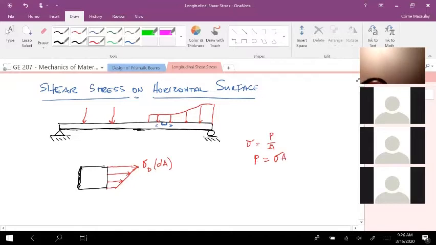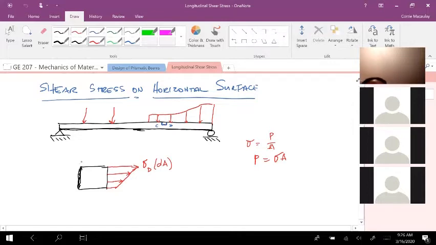Since I have a small area going from this point into the page, that would be my dA. So I have my stress times dA. Since the top of the beam has the higher stress, the higher force is acting on it. So it's sigma D dA, but it will be higher at the top and it'll start declining as you go down into the beam, along this point of the beam right here.